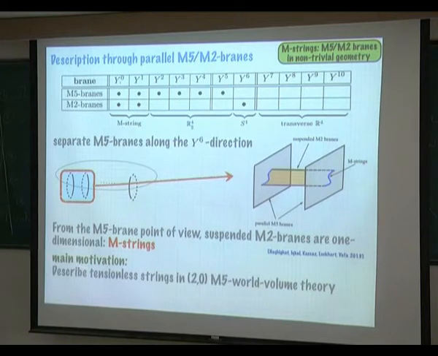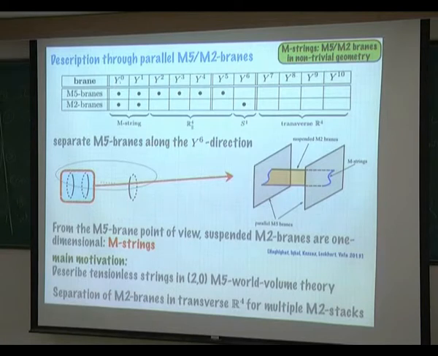The motivation here comes again from the 2,0 theory, where in one way you can describe that theory using tensionless strings from the M5 world volume theory. So you want to describe the theory using the essential degrees of freedom, a bunch of tensionless strings. And one way of getting them is using these M-strings here. That's the motivation in this paper.